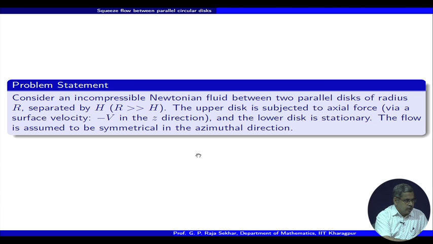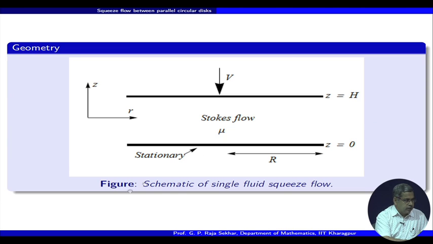Let us look at the configuration. Since we are discussing two plates, these are assumed to be circular, but configuration-wise they are indicated like this. We are assuming that the plates are located at z equal to 0 and z equal to h.